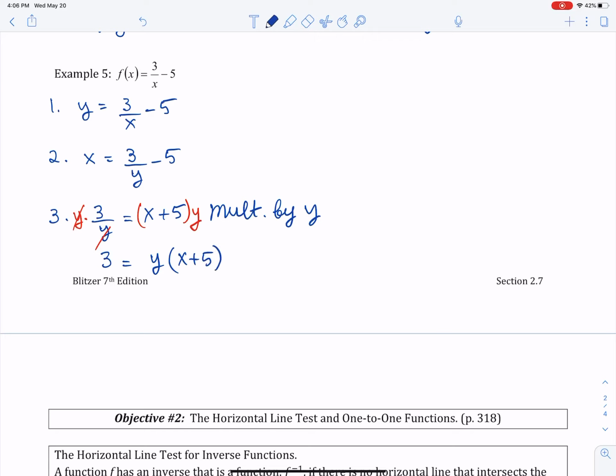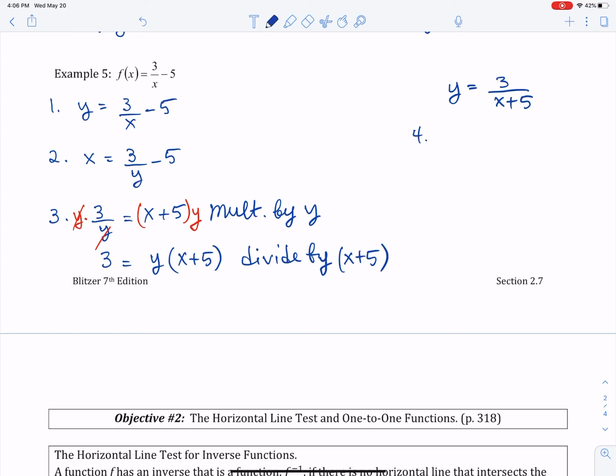And then I'm going to divide by x plus 5 to finally solve for y. I'm going to put the answer here. y is equal to 3 divided by x plus 5.